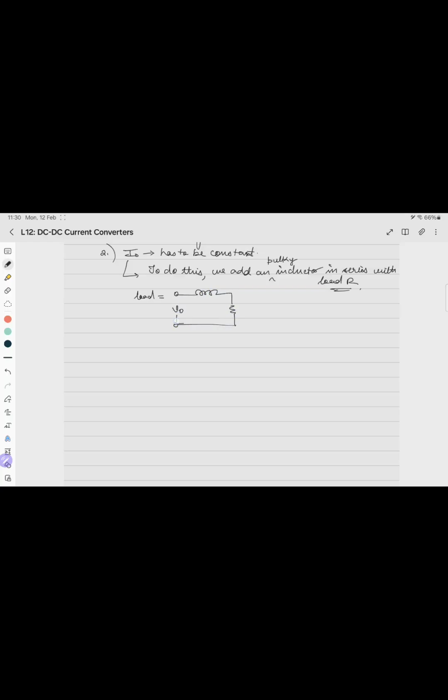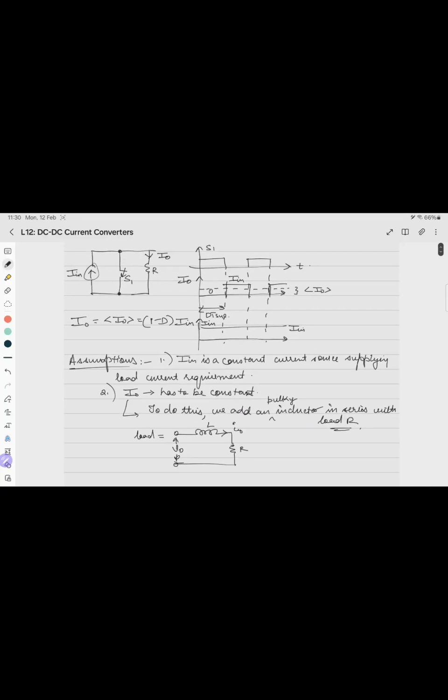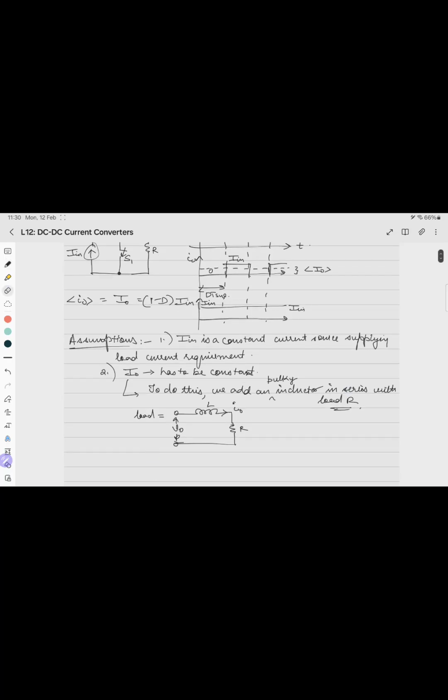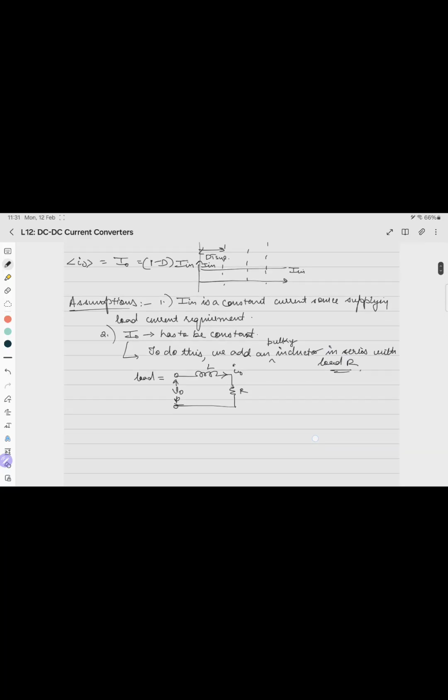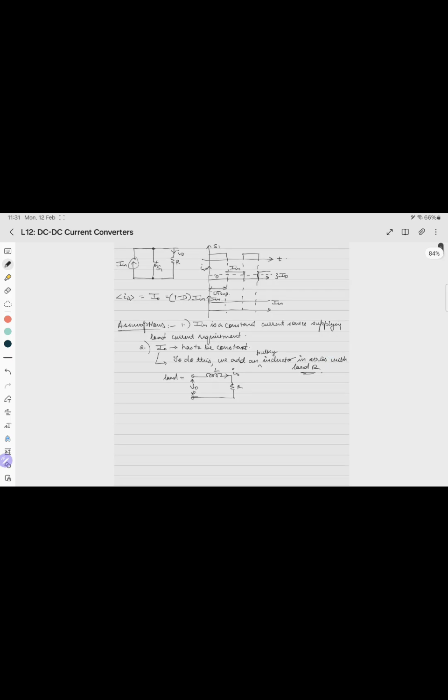This is V naught, this is L, this is R. I'm writing the current as small i naught instead of I in, like this. So the average value of i naught is capital I naught. So this becomes the load side.